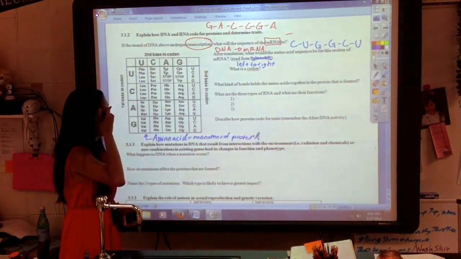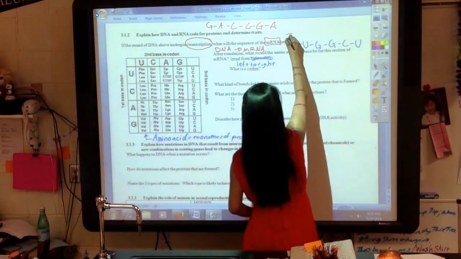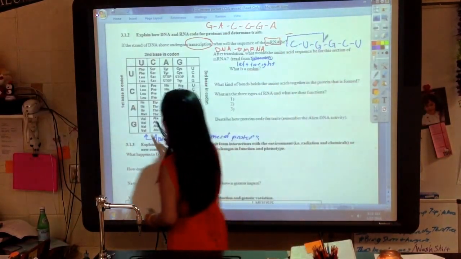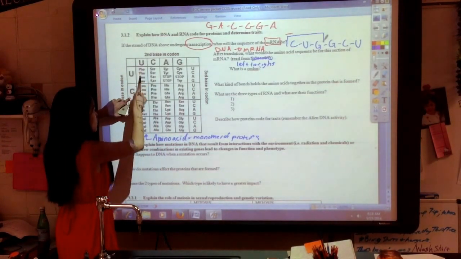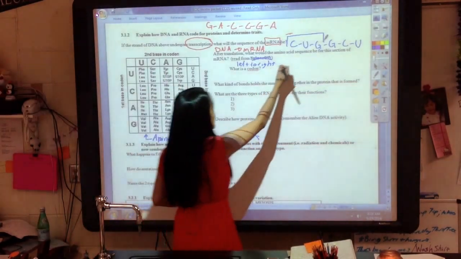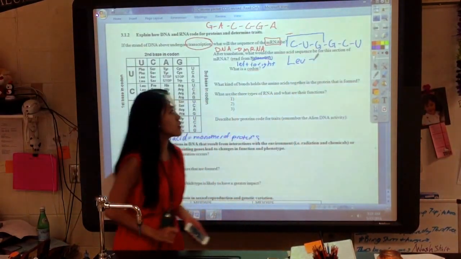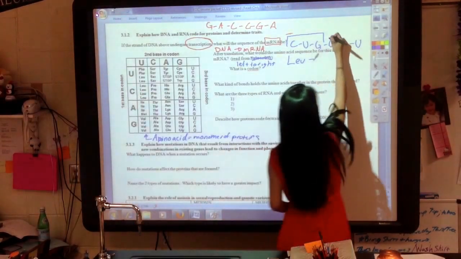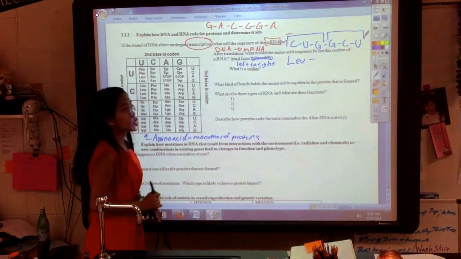So the first thing we have is CUG. This is our first three letters. Here you have your C, first letter, U, second letter, G, third letter. So that's going to be L-E-U, which stands for leucine. Then we're going to have G-C-U.